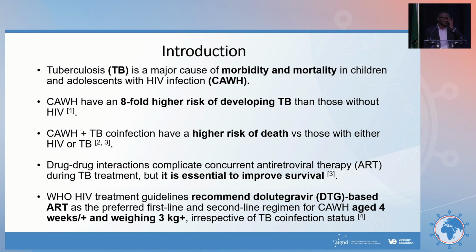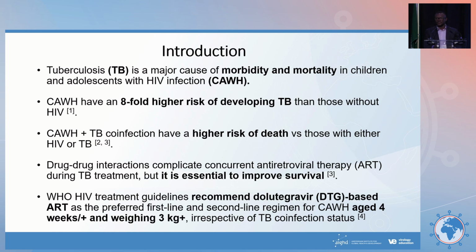By way of introduction, we know that TB is a major cause of morbidity and mortality in children, but especially those with HIV co-infection. Children with HIV have an 8-fold higher risk of developing TB than those without HIV. Those with a co-infection have higher risk of death than those without HIV or TB.